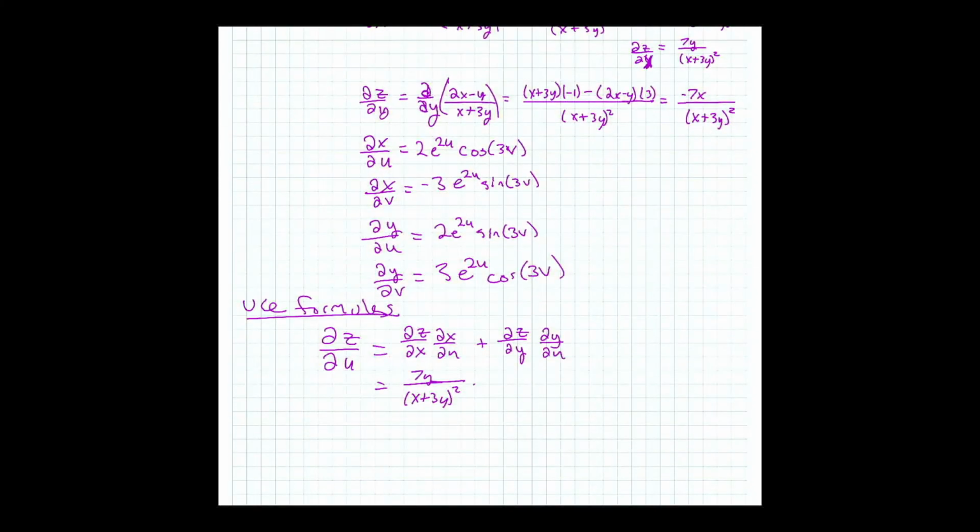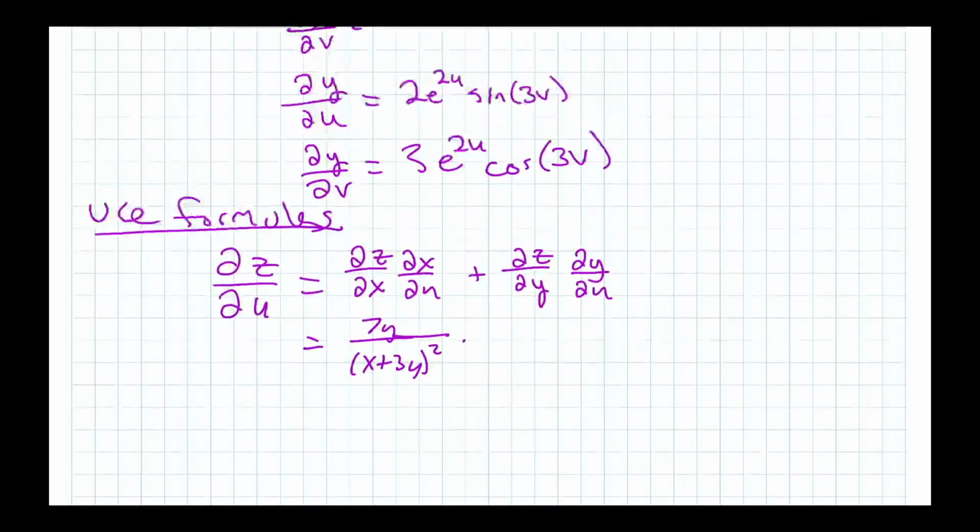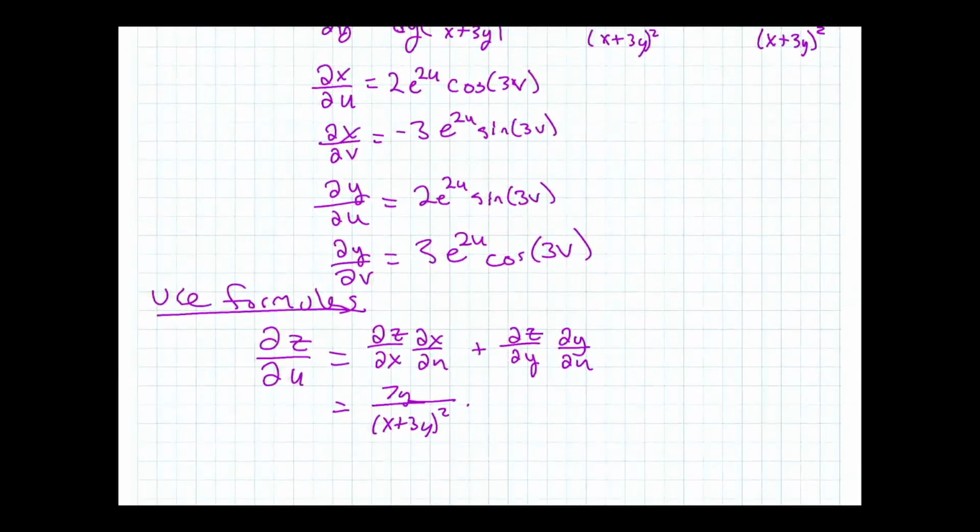Okay. Partial z with respect to x, and then partial x with respect to u, which is 2e to the 2u cosine 3v.